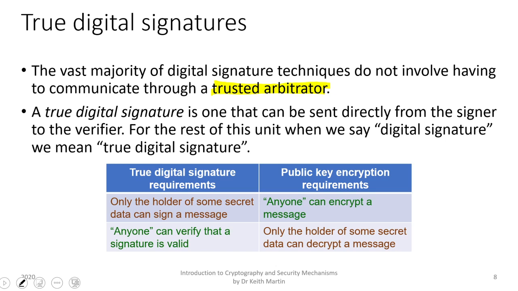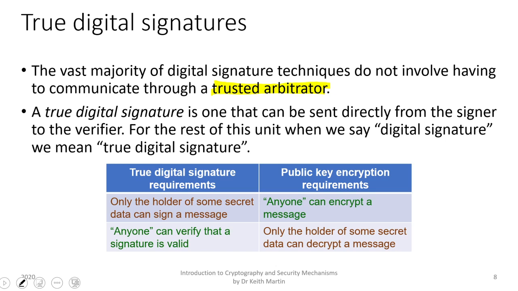So, what we would prefer, in terms of what we call true digital signatures, is that we would not use a trusted arbiter, and the people who are sending and receiving would be able to perform their own verifications at both ends.